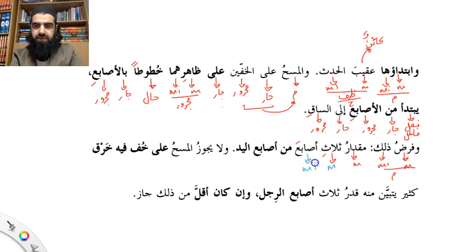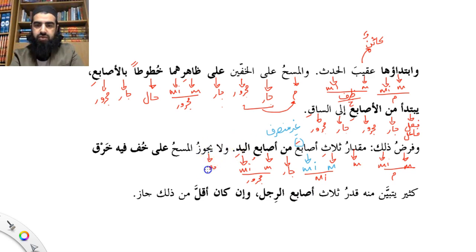So the mudaf, asabi, mudaf ilayhi, and asabi has a fatha because it's ghair munsarif, jama muntaha al-jumu, like masajid. Alright, so thalath is mudaf ilayhi, min is jar, asabi al-yadi. Now this time we don't give asabi fatha for kasra, because whenever ghair munsarif occurs as a mudaf, then you treat it as a normal word. It takes all three vowels, dhamma, fatha, kasra. Mudaf plus mudaf ilayhi becomes majroor of min.